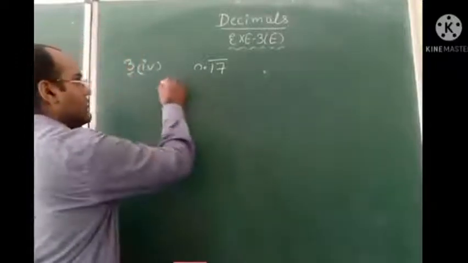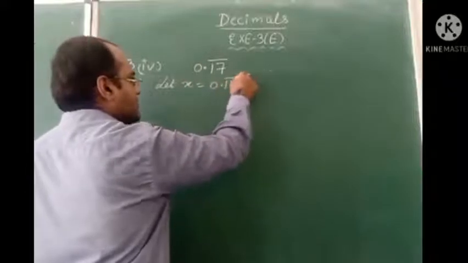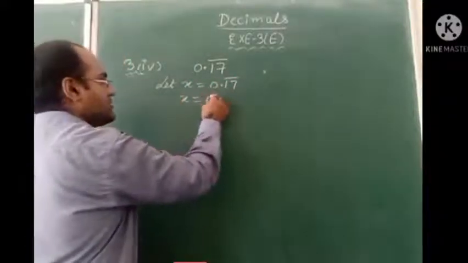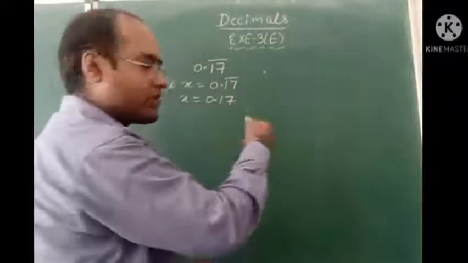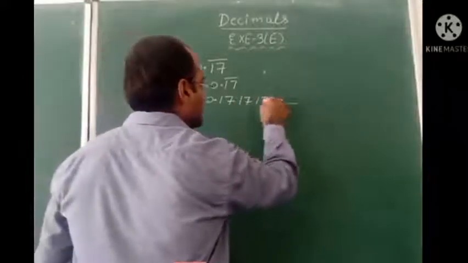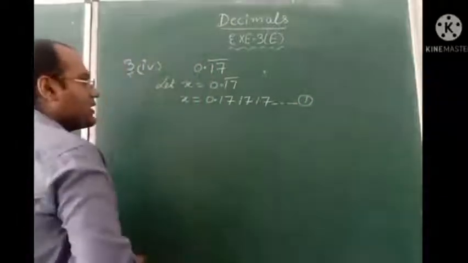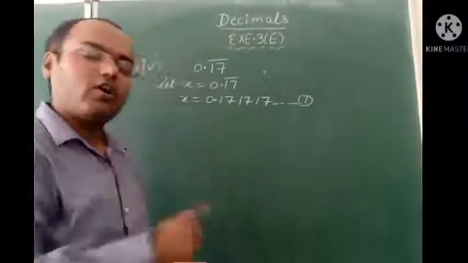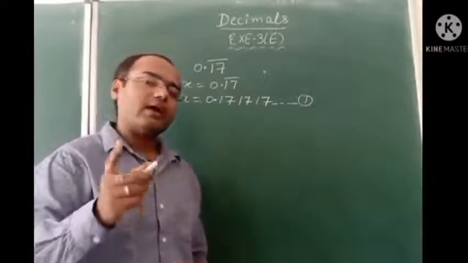So first of all we will assume that this is the value of x. Now we will write the meaning of this recurring decimal. This is 0.17. The bar is on both the numbers, so both numbers are repeating: 17, 17, 17 and so on. This is your equation number 1. Now the next step is you have to check how many digits are repeating. How many digits are repeating here? 2. That means we have to multiply by 100.